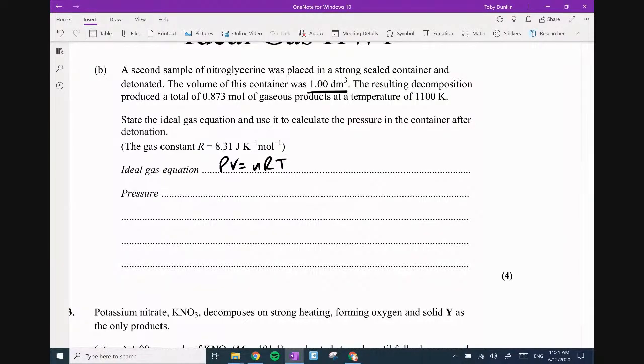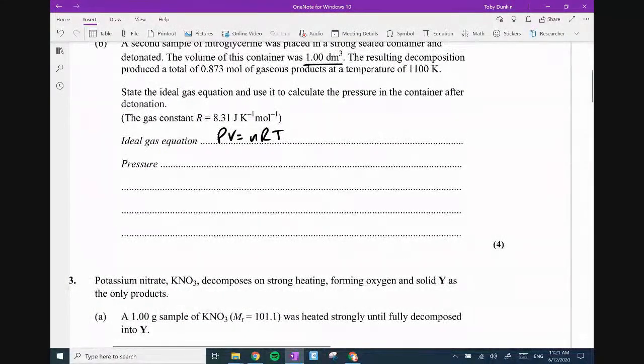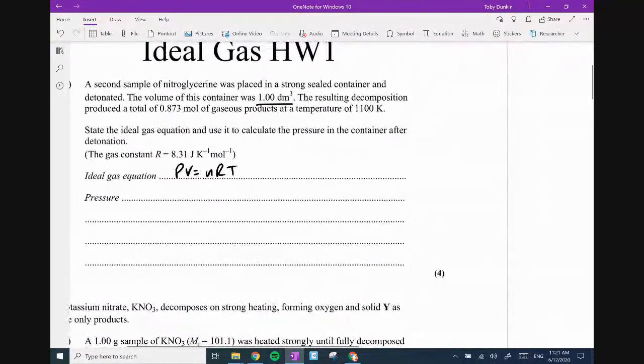We're okay with this. Let's select our data. Pressure is what we're trying to calculate. Now, guys, you must rearrange. Whenever you do any calculation, there's always a mark for rearrangement. So we need to do P equals nRT over V. As soon as it says that, it's a rearrangement mark, you must do it.